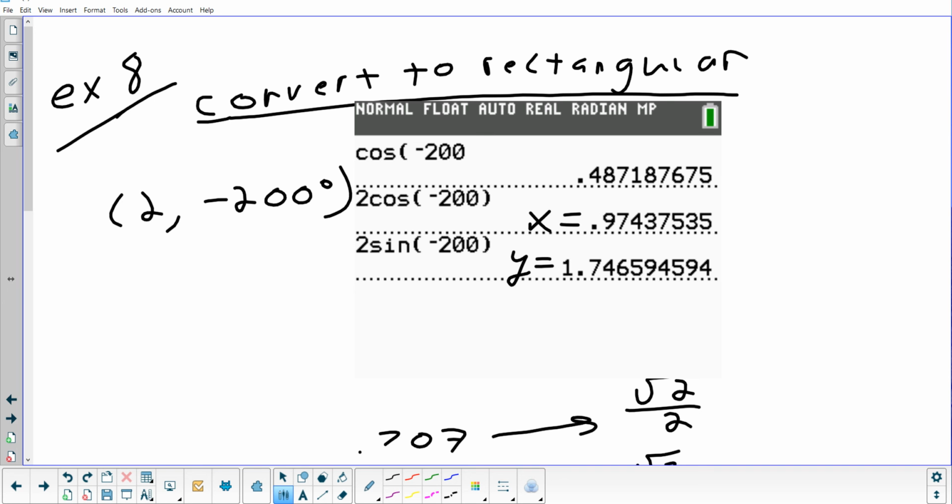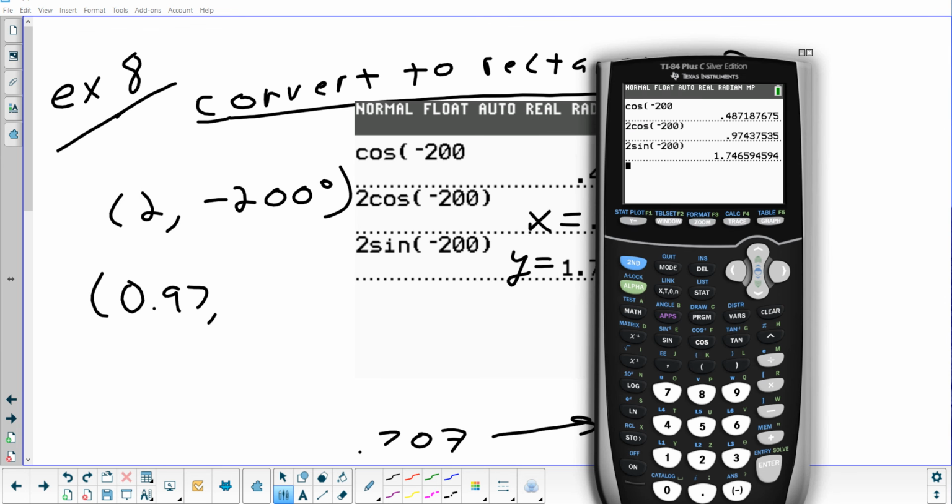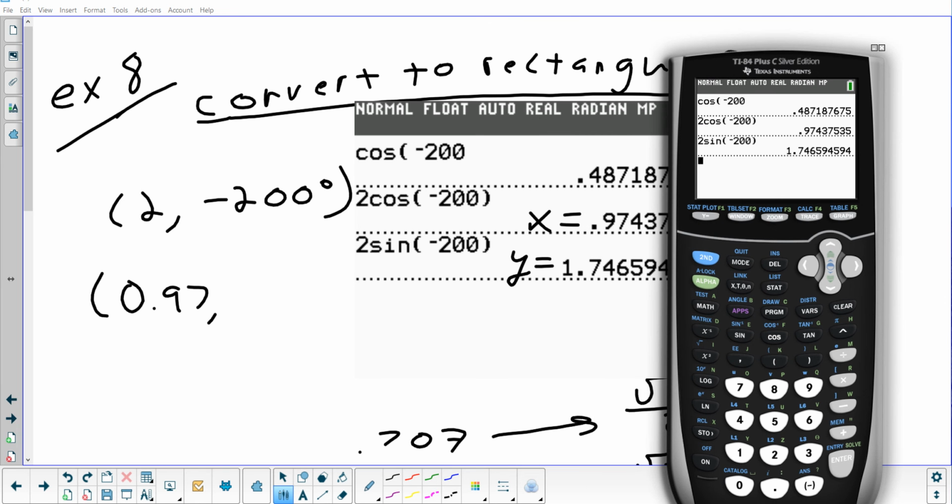Let's just write it as a coordinate. 0.97. Oh, what did I do wrong? You calculated in radians. Yeah, I left my calculator in radians and I had that in degrees. So put it in degrees first.